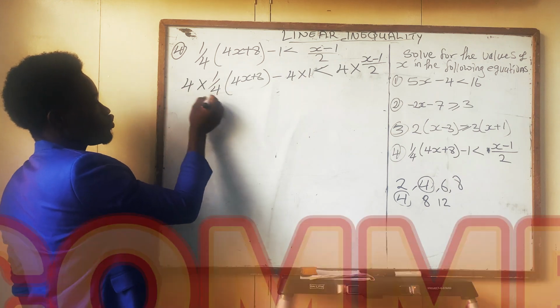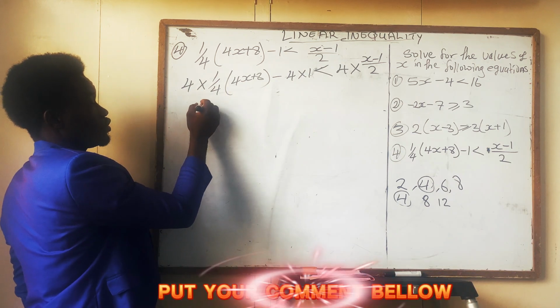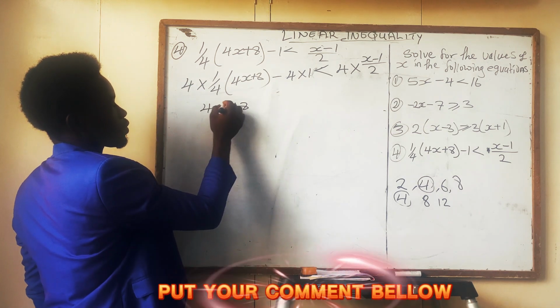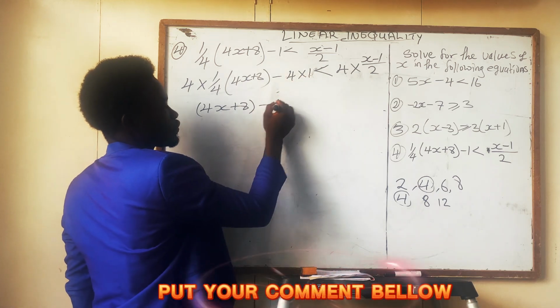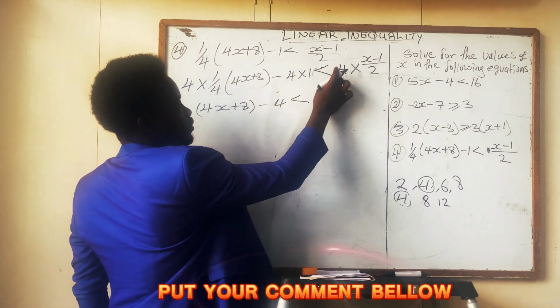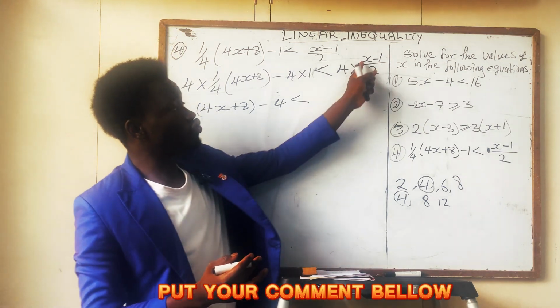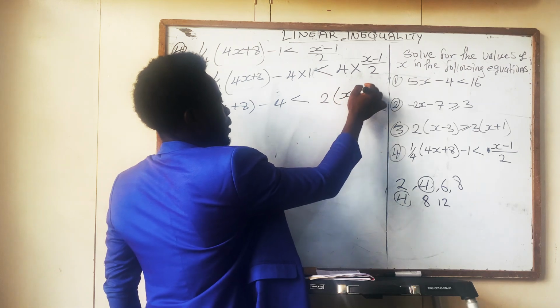So I divide through, 4 divided by 4 is 1. So it means I still have my 4x. Minus 4 times 1 is 4, which is less than 4 divided by 2 is going to give me 2, and the 2 you are going to multiply by whatever is at the top. So it means 2 is multiplied by x minus 1.